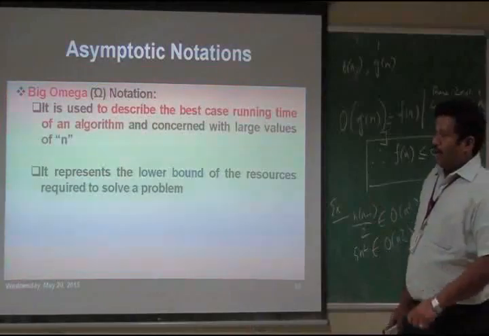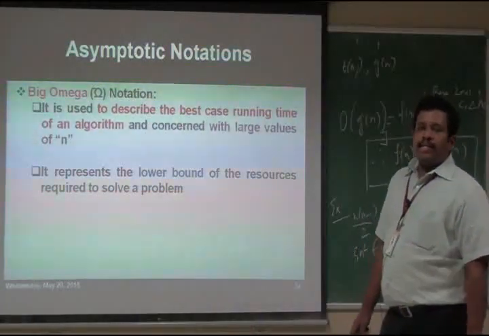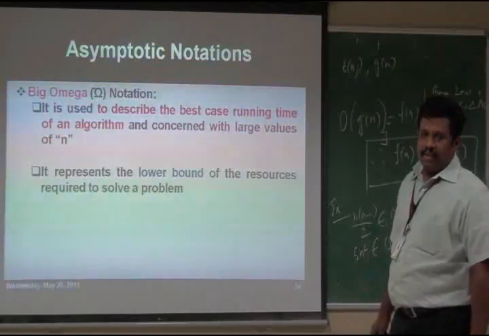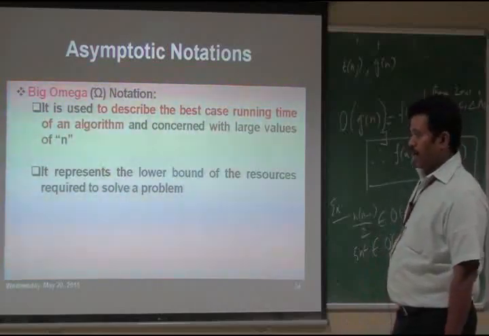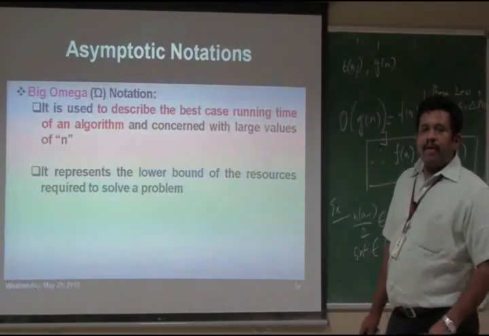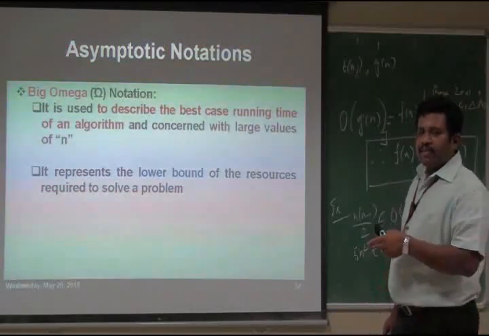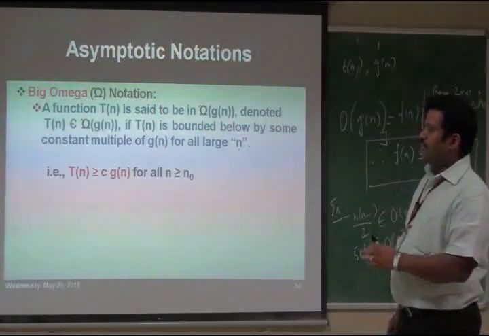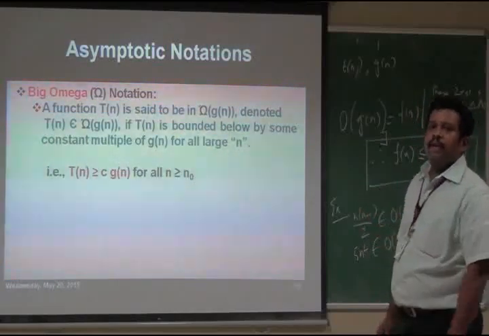Let's go for the big omega notation. Next case: if you want to assess or describe the best case efficiency of an algorithm, one can go for big omega notation. It represents the lower bound of resources of an algorithm. The definition is the same but differs a little bit, in reverse position.